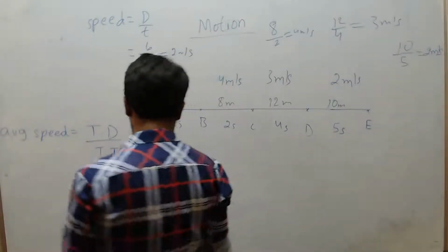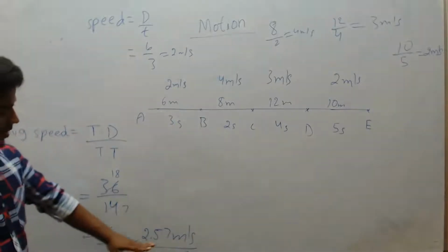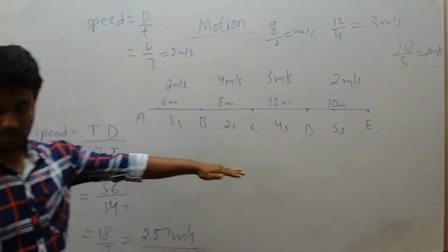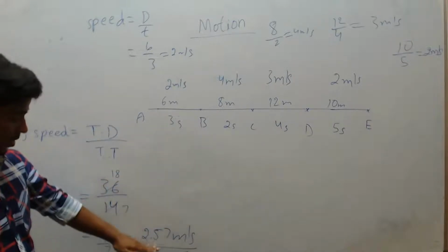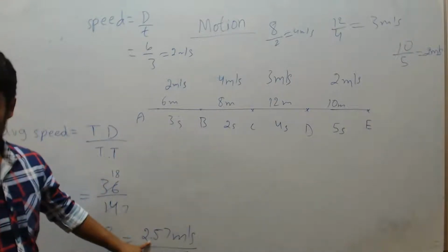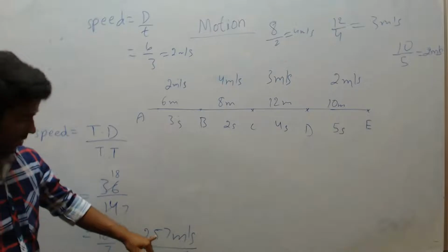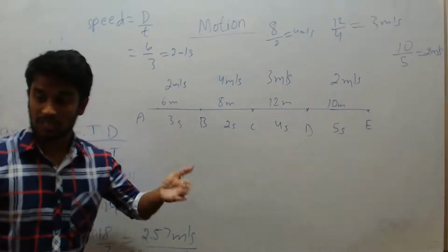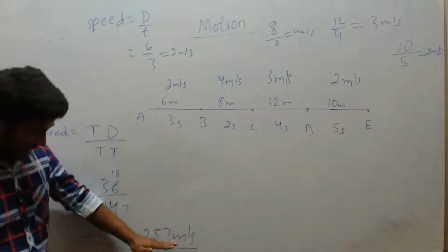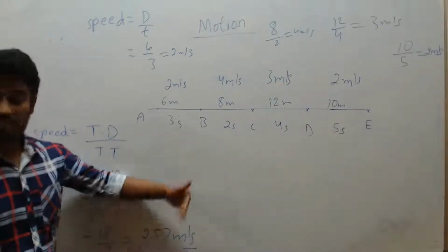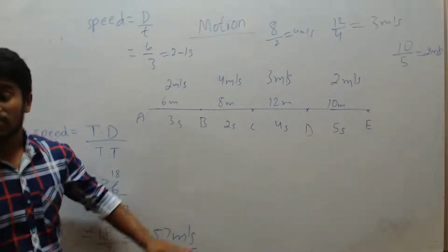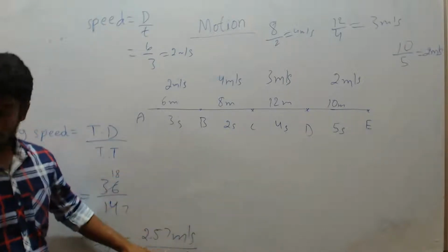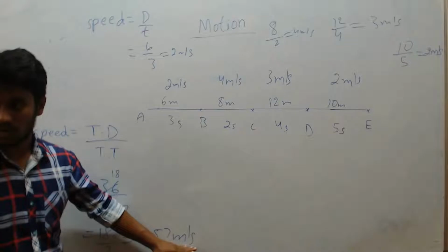From start to end, the object will not maintain this speed. It may have traveled less than this speed or greater than this speed. No need to travel at 2.57 only.